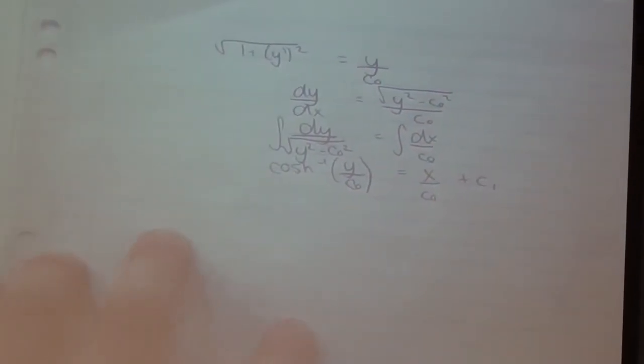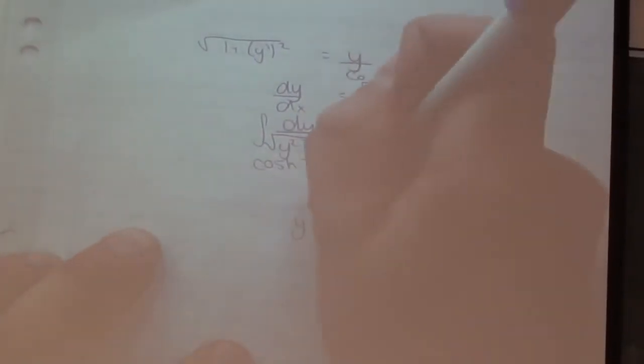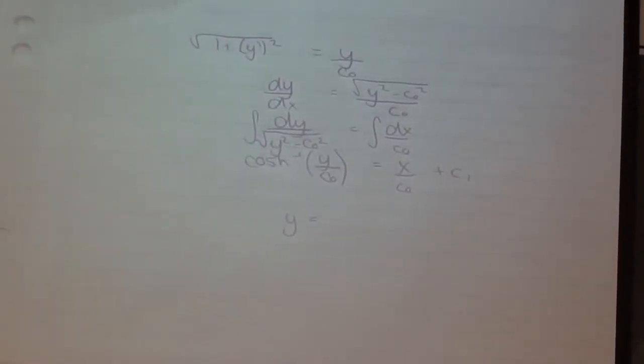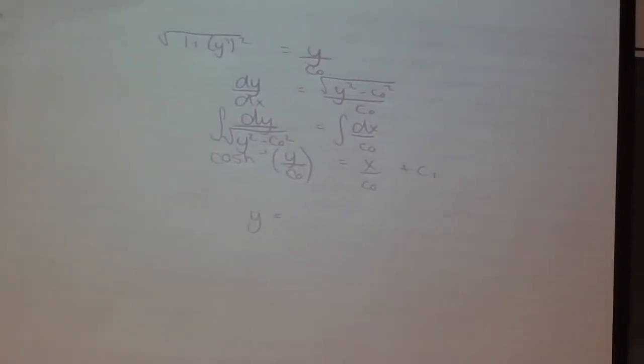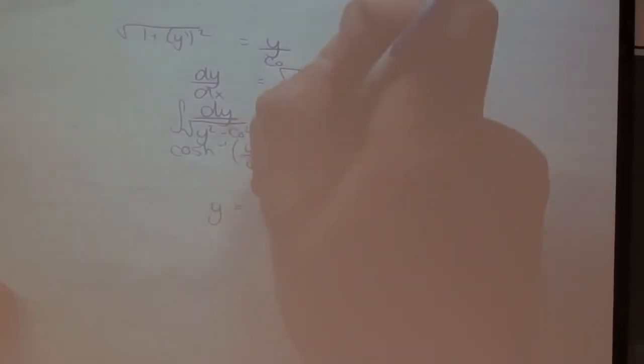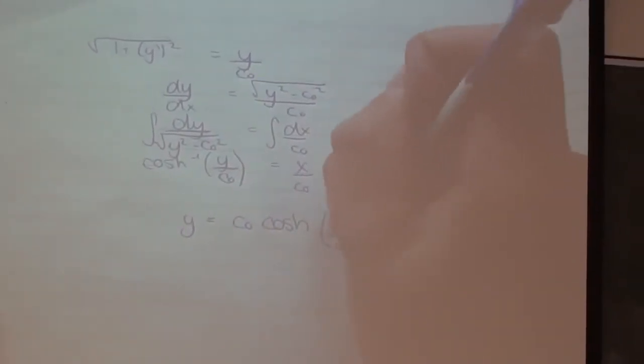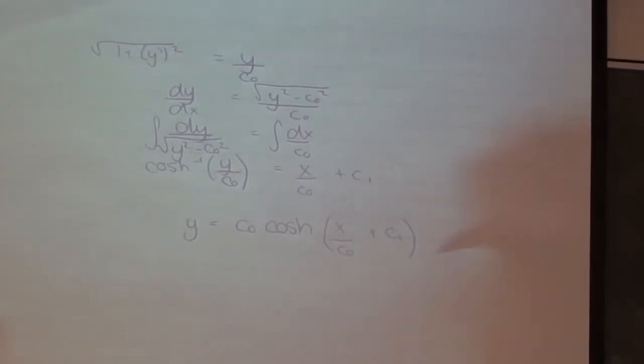Okay, so rearranging this, we get a general form for our minimal surface area curve between two fixed endpoints, which is y equals c naught cosh of x on c naught plus c1.